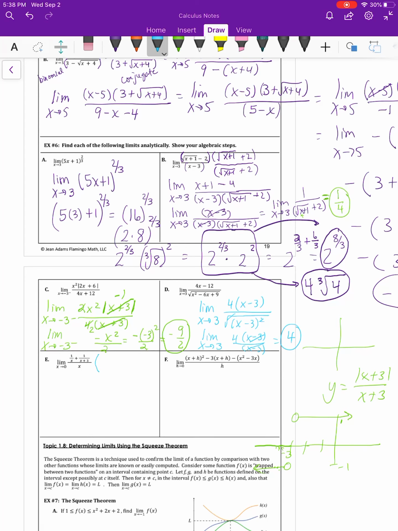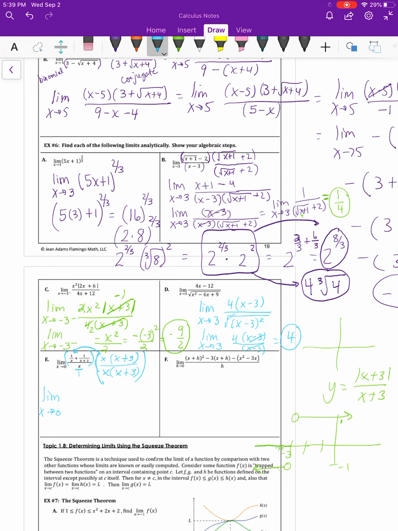All right, and then this one we're going to multiply by the common denominator, which is going to be x times x plus 3 over x times x plus 3. Remember, you're looking at all the denominators and finding, this one has a denominator of 1, and you're finding your common denominator. So when we distribute, and remember you're distributing because this is a binomial, my x's cancel, and I just get x plus 3.